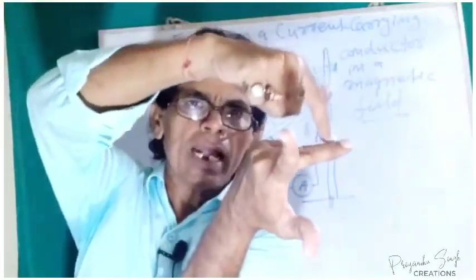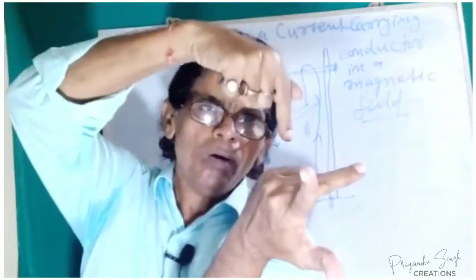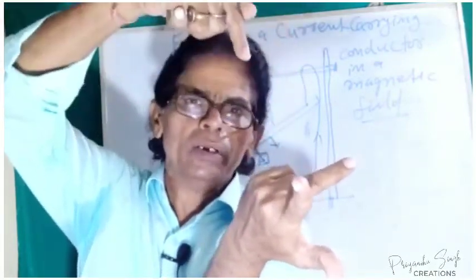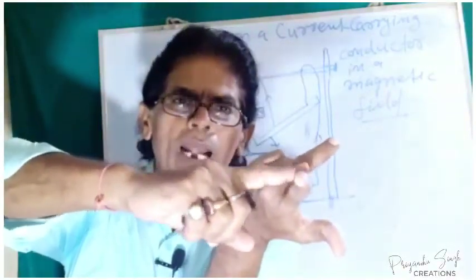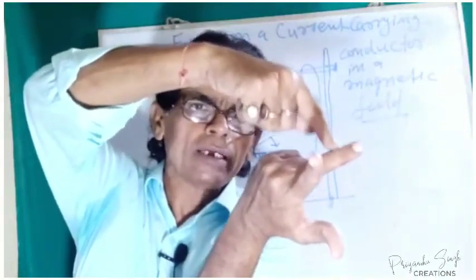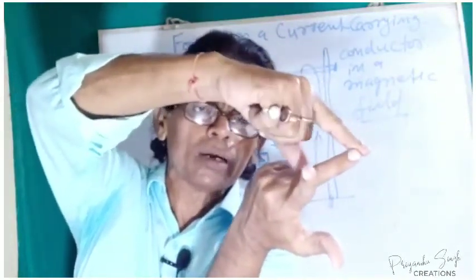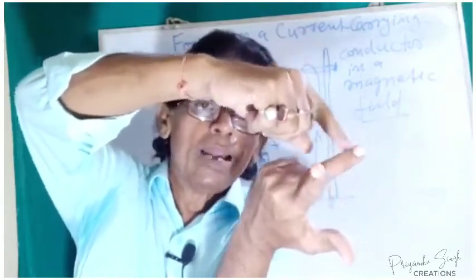If the direction of the thumb was initially upward, then now the direction of the thumb will be in the downward direction. This is the direction of the magnetic field, and now it is the direction of electric current passing through the conductor, which is mounted on the aluminum rod.